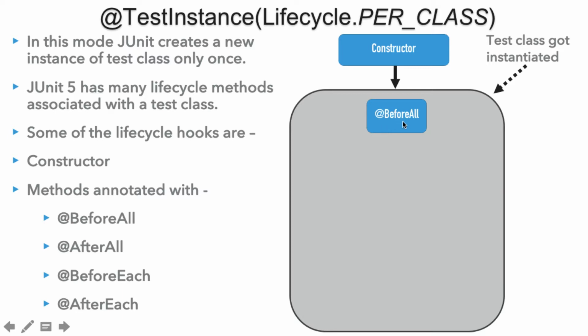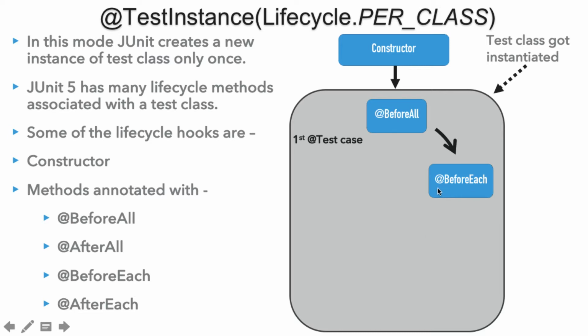Let's suppose our test class has two @Test methods. Once @BeforeAll gets executed, the JUnit framework sees that there are two @Test cases. So for the first @Test case, it simply calls the method annotated with @BeforeEach.